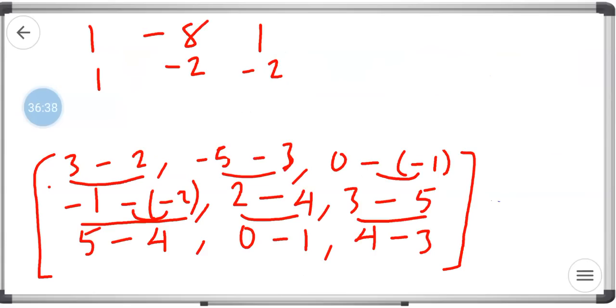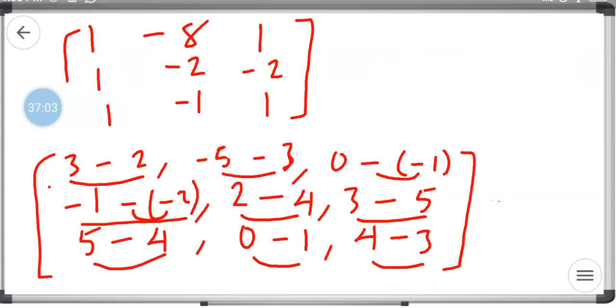While the last one here, we have 5 minus 4. That will give us 1. And here as well, we have 0 minus 1. That will give us minus 1. And here we have 4 minus 3, that will give us 1. So my bracket, and here my bracket.